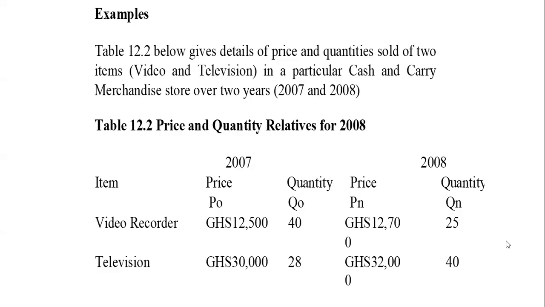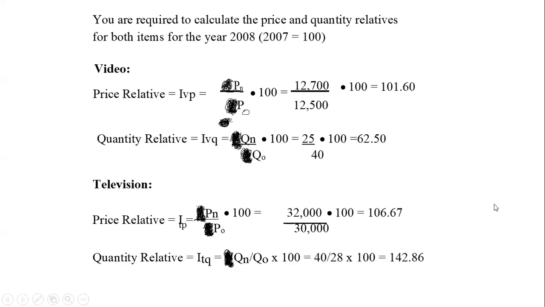The table is in two parts. You have the year 2007, that's the base year, and then you have the year 2008. For both years, you have price and quantity, for the video recorder and the television. So take notice of them and see how you apply them.